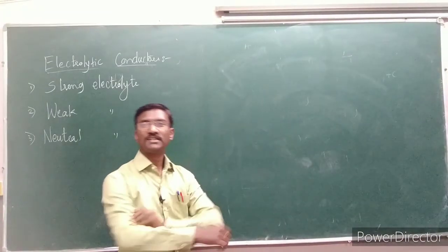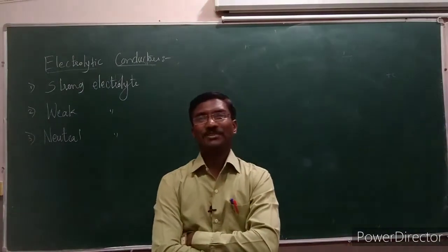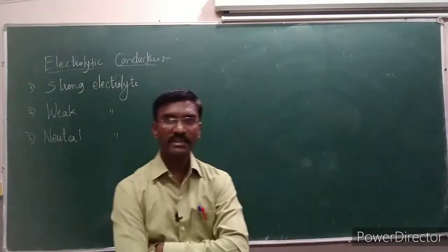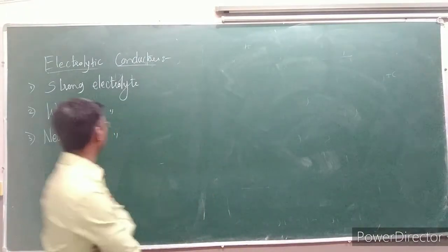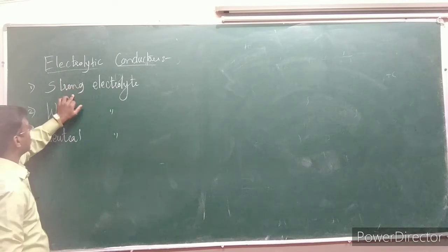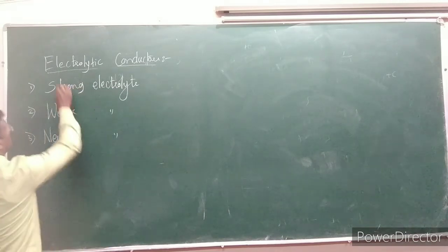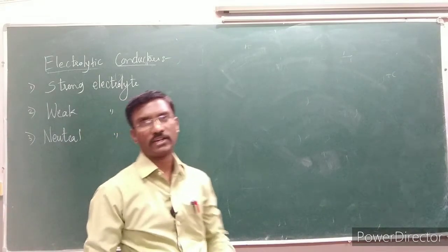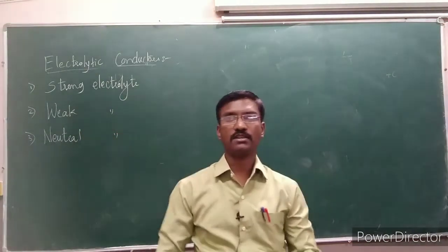So we observed that in the ionic conductor there are three types of solutions: strong electrolyte, weak electrolyte and neutral or non-electrolyte. There are three types of electrolytes.